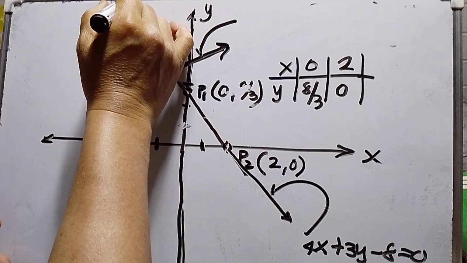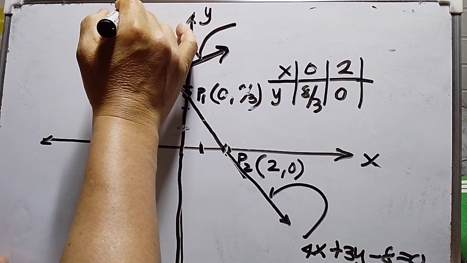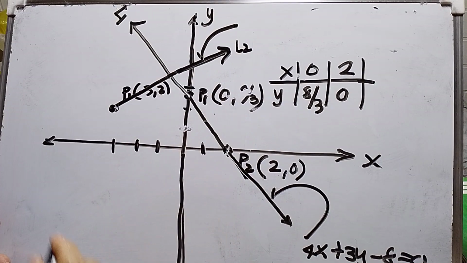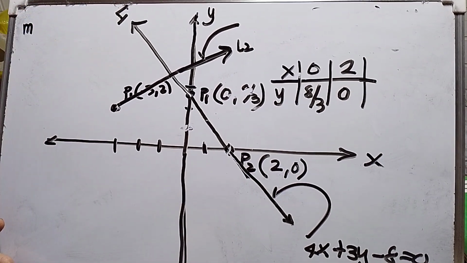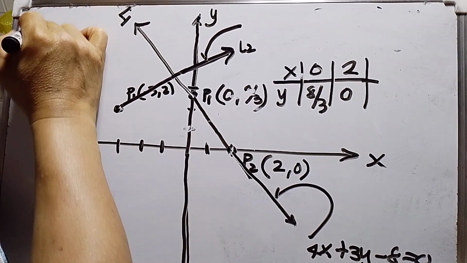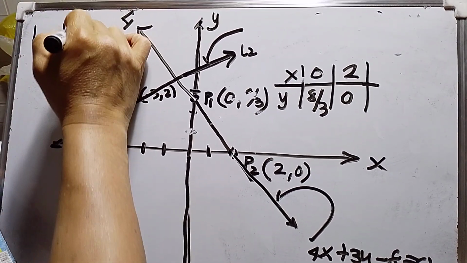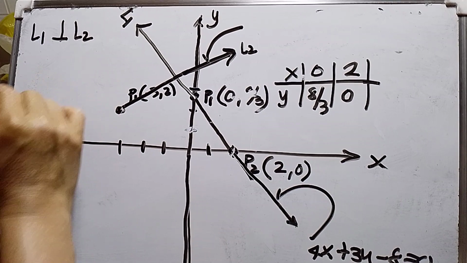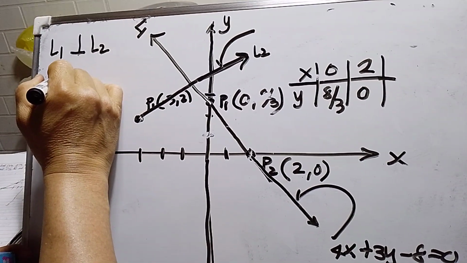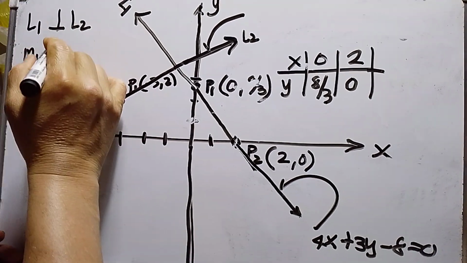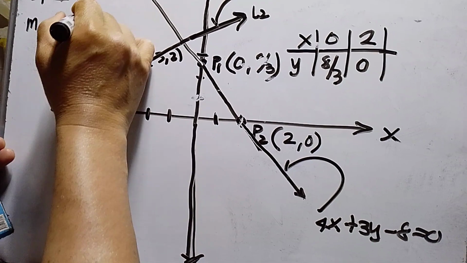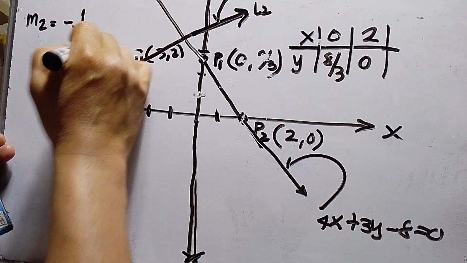So let's say this is line 1, and then this is line 2. Take note, line 1 is perpendicular to line 2. So meaning, the slope of line 2 will be equal to negative 1 over m1.